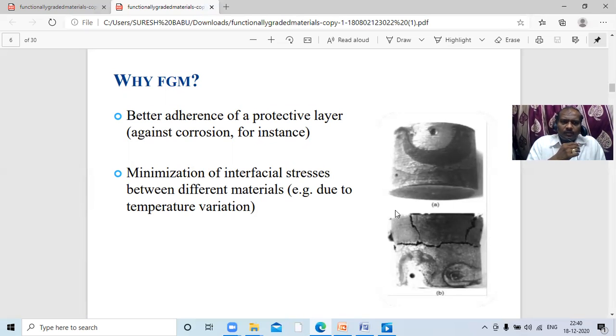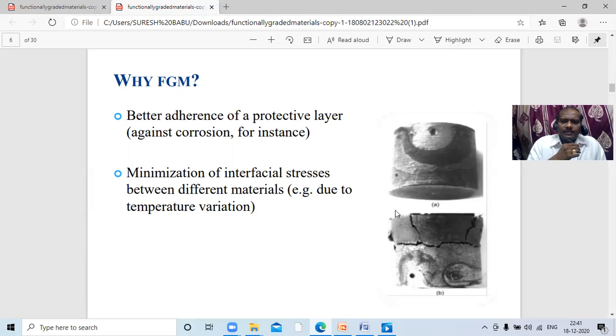Why FGM means better adherence of a protective layer. So FGM is a layer which is used to protect the surfaces or protect the inner bodies with the help of the surfaces.